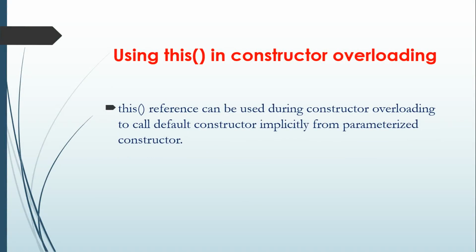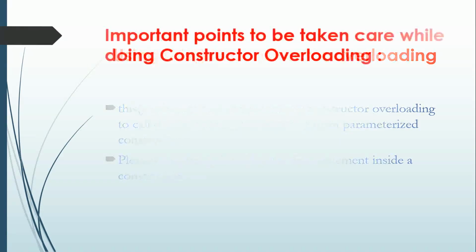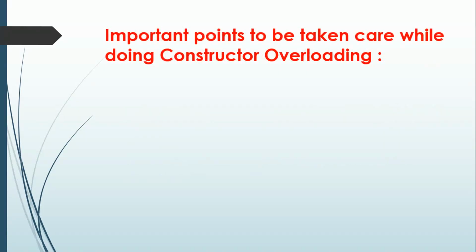The this reference can be used during constructor overloading to call the default constructor implicitly from a parameterized constructor. This should be the first statement inside a constructor. Then only we can achieve constructor overloading with the help of the this keyword. There are some important points to be taken care of while doing constructor overloading.